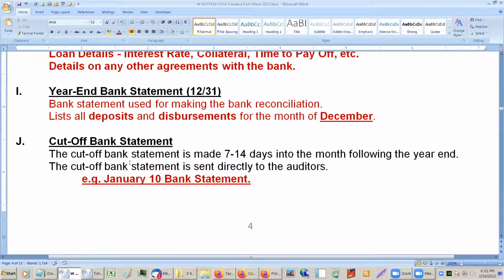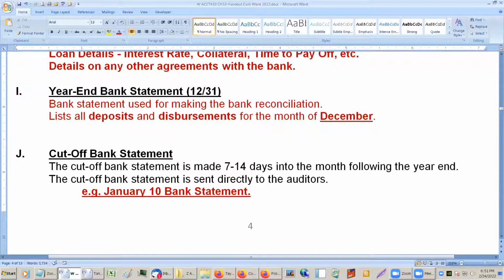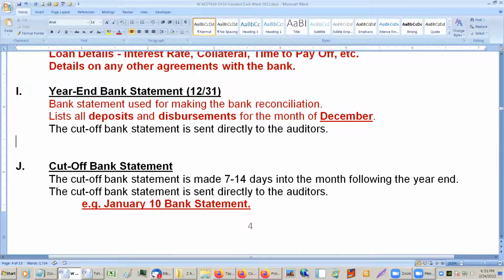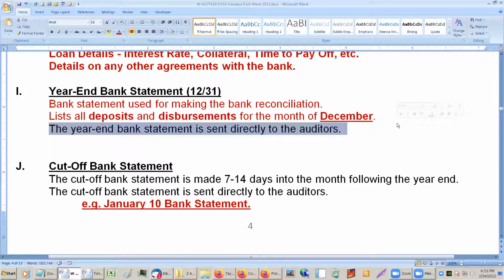By the way, this year-end bank statement is also sent directly to the auditors. So the client will get it sent directly to them, and the auditors will also get it sent to them directly.